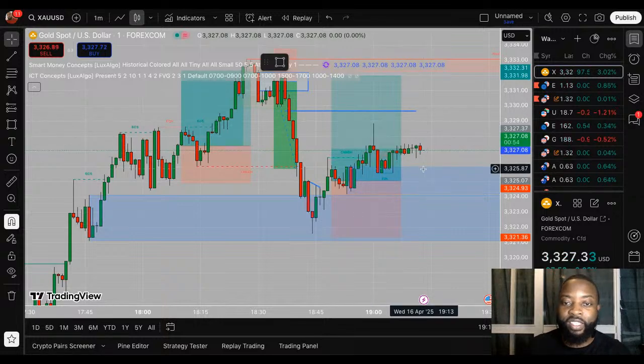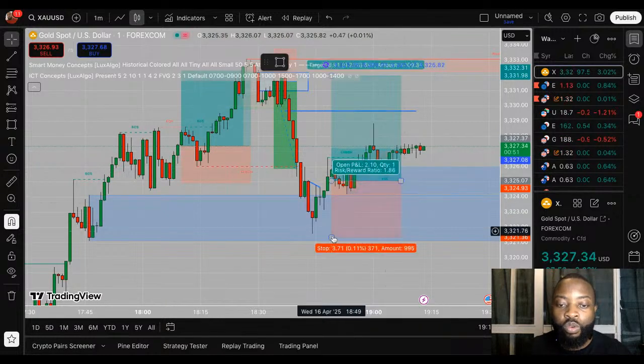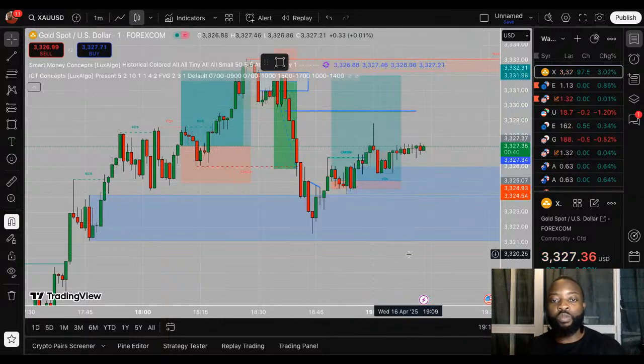So how do you attack this? That's the moment where, if you're already in profit, you move your stop loss back to entry. Why do you move your stop loss back to entry? Because this market is not strong enough to reach the target. It's going to shoot deep into your loss.